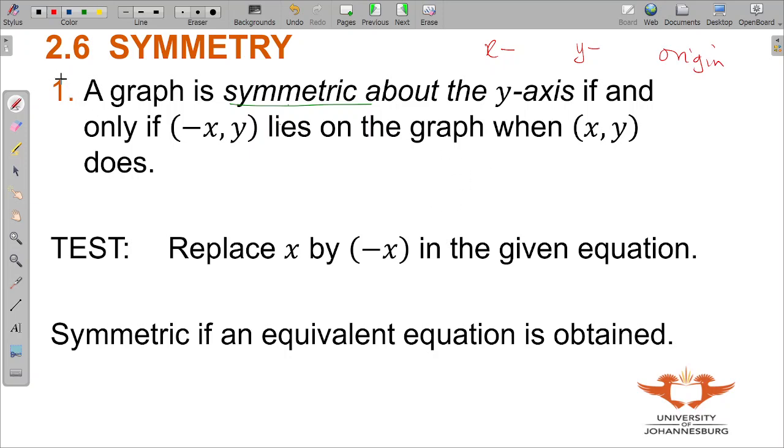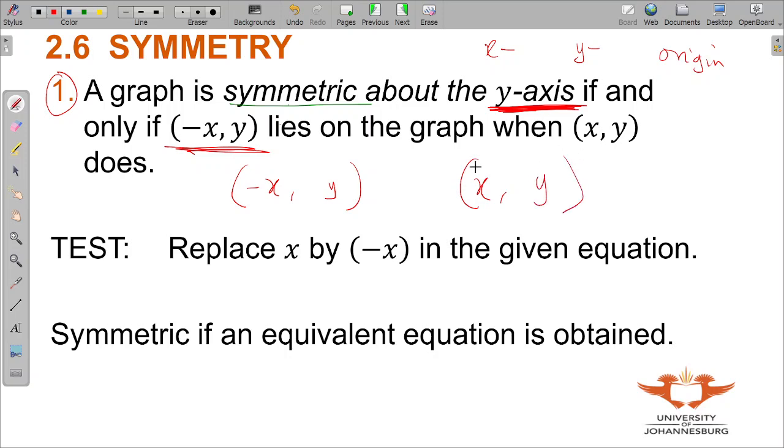The first thing we are dealing with now is to check if the graph is symmetric about the y-axis. It is symmetric about the y-axis if and only if the point (-x, y) lies on the same graph as the point (x, y).